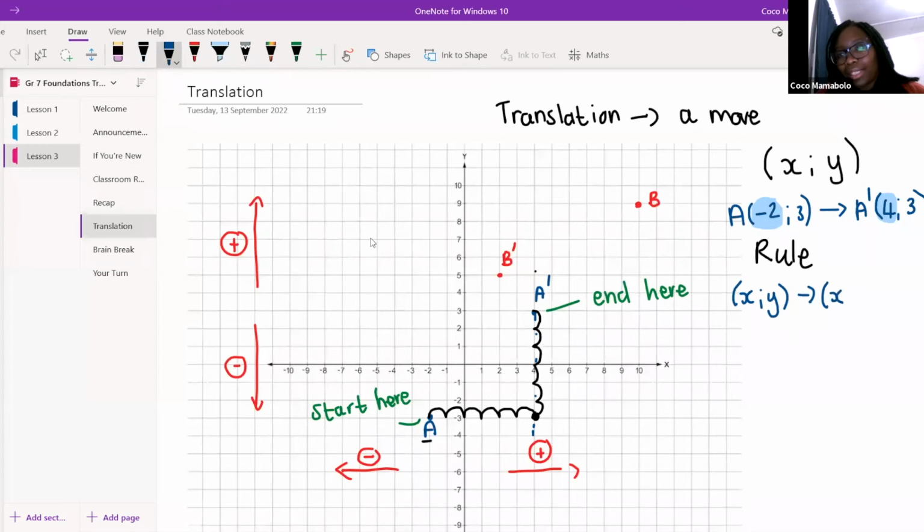I went from x and I plussed 6, and I went from y and I plussed 6. Pop exactly this in the chat for me, please, because that's the way I need you to write it. We're going to do another example, Nelisa, don't worry.